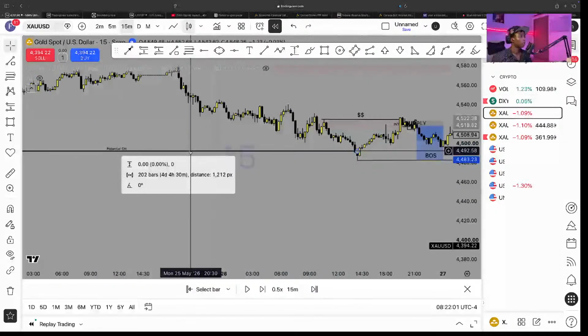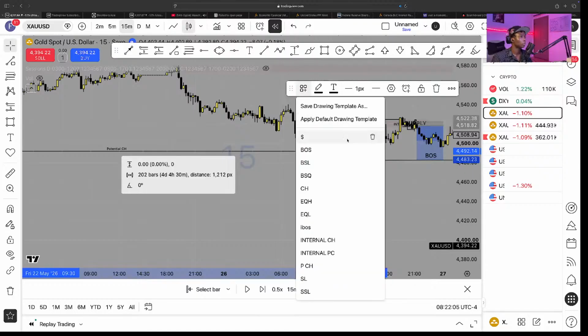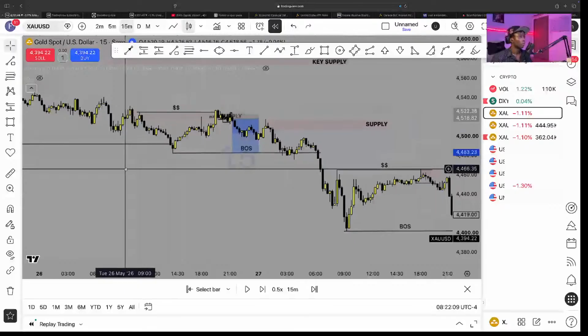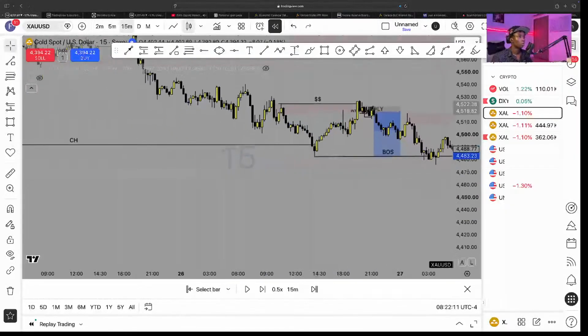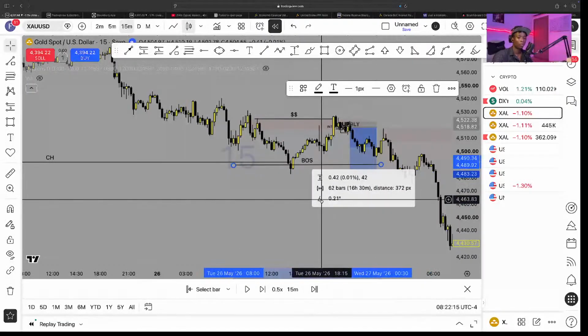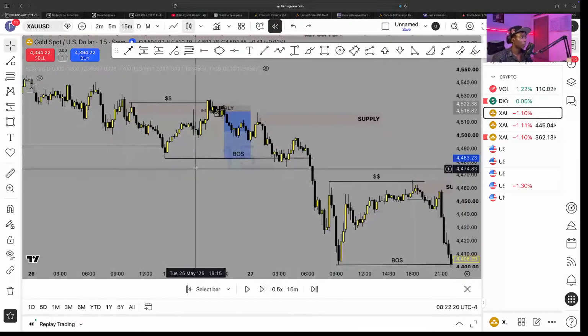So now I'm gonna change this potential partial CH to CH. The reason why I labeled it partial CH before was because we did not have a break of structure. So now that we have a break of structure, we can now label it CH.